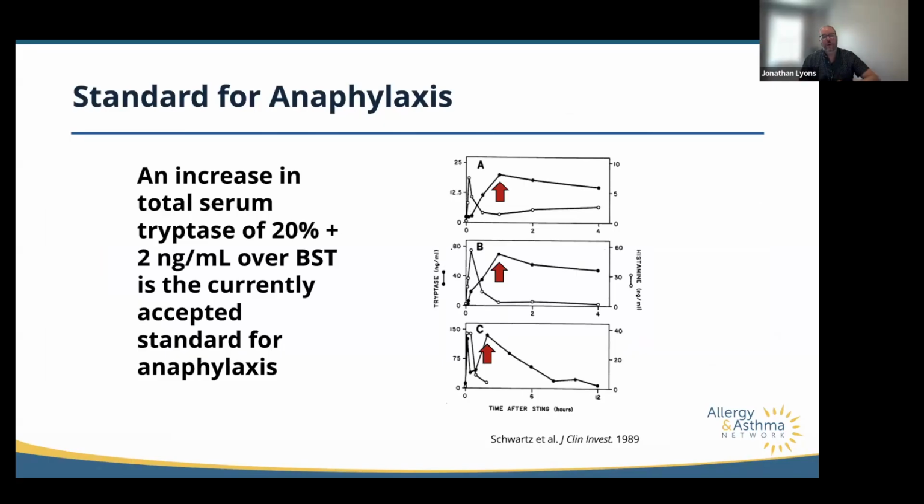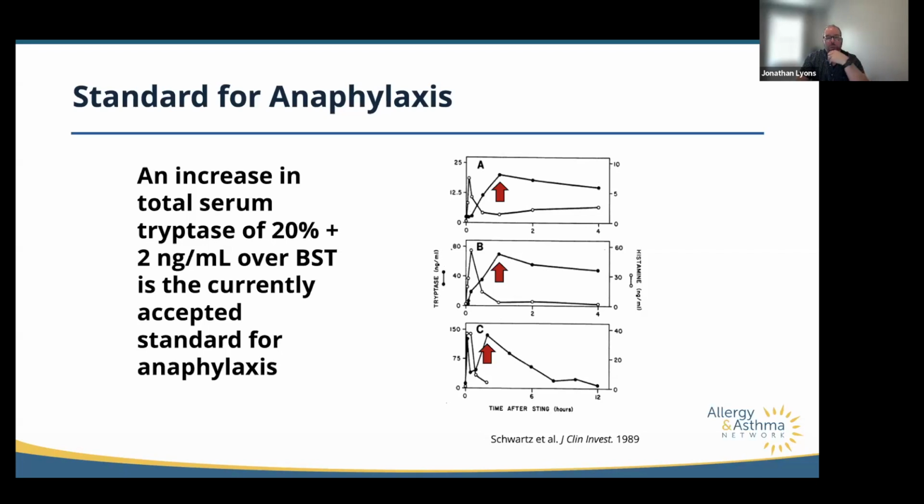So moving from diagnosis of clonal disease to diagnosis of reactions, tryptase is useful there too. And the reason I'm talking so much about tryptase is because it's really a unique protein in that it's made in abundance by mast cells and made almost exclusively by mast cells in healthy individuals.